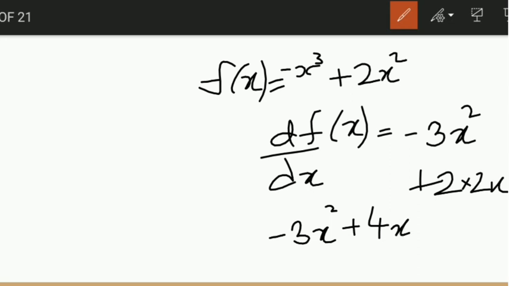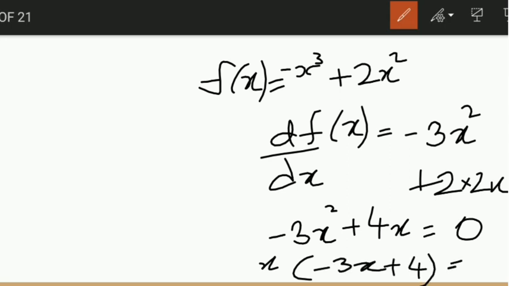We know that at the maximum and minimum point, this first derivative is equal to 0. Yes, the slope will be 0. So we need to find the values of x at which this condition holds. For finding that, we are just rearranging.